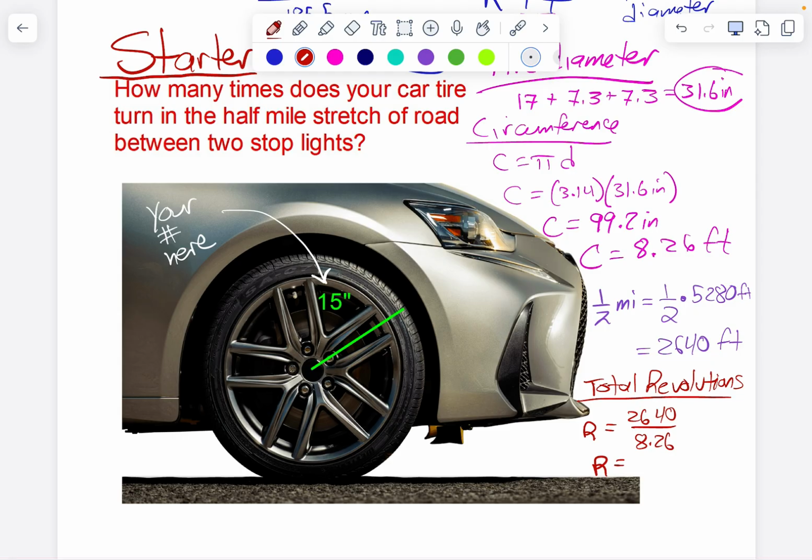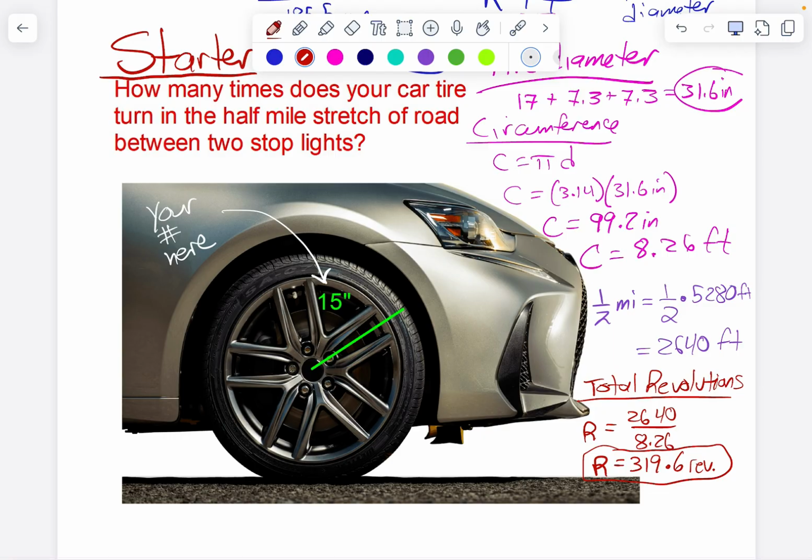And what is that? Okay, so 320 times it rotates around in that half mile.